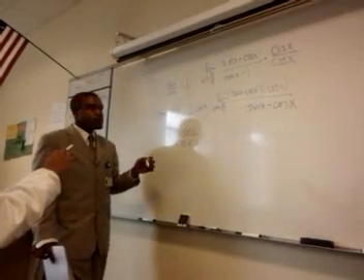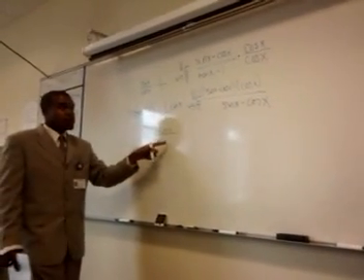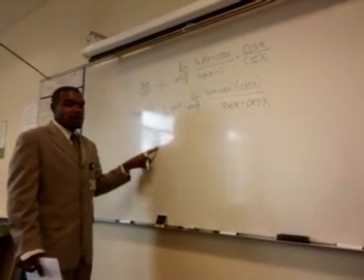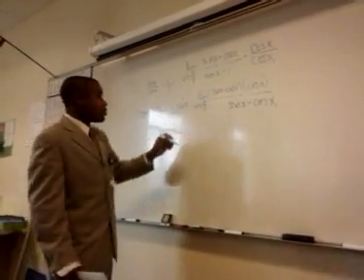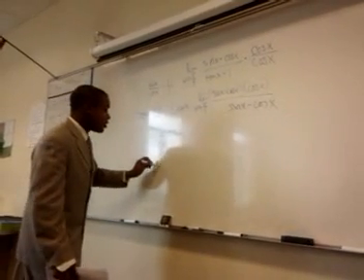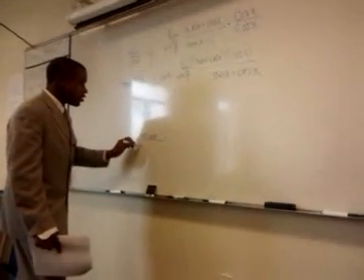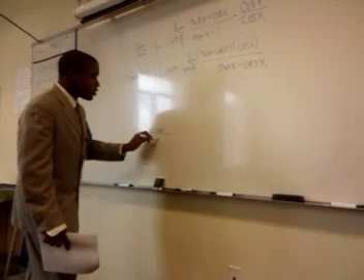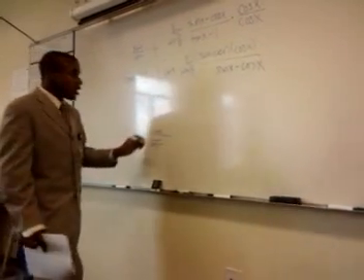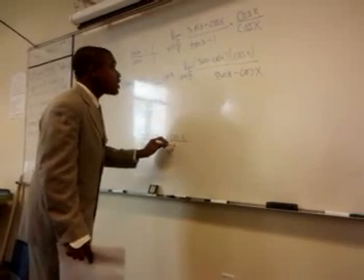Why cosine x over? Technically, this is really sin x minus cosine x over cosine x, and then times cosine x. It's really like this: sin x minus cosine x all over sin x minus cosine x over cosine x, times cosine x over cosine x.